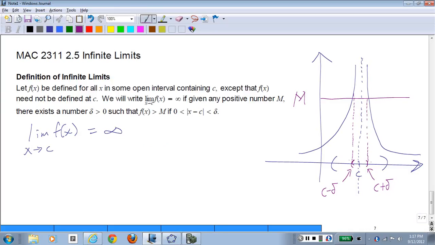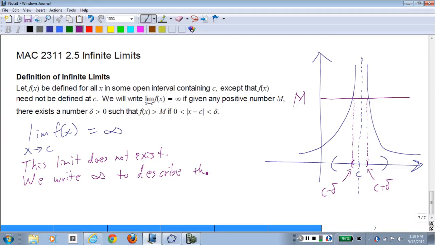Technically, this limit does not exist. We write infinity to describe the manner in which it fails to exist.